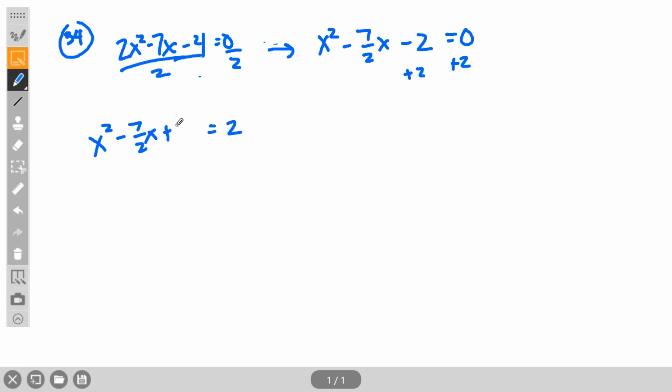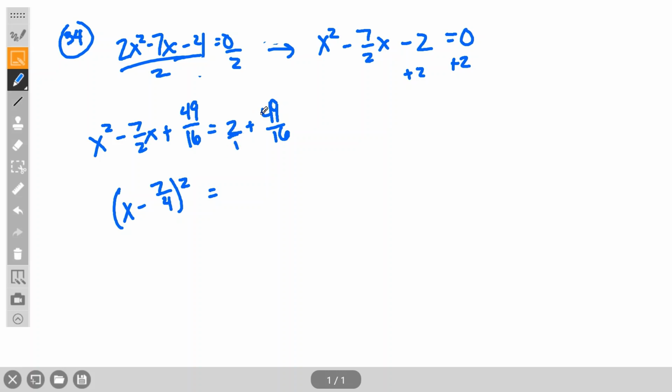So to complete the square, on the left side, I'm going to do half of the middle term squared. So half of 7 over 2 is 7 over 4. And 7 over 4 squared is 49 over 16. So this is a perfect square. X minus 7 over 4 squared. On the other side, I have 2 plus 49 over 16.